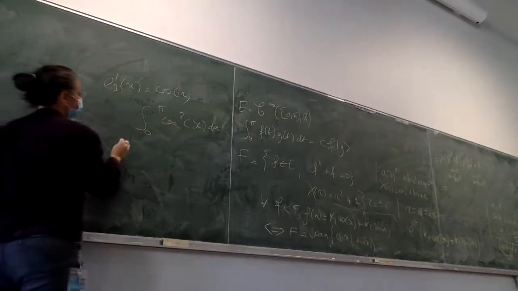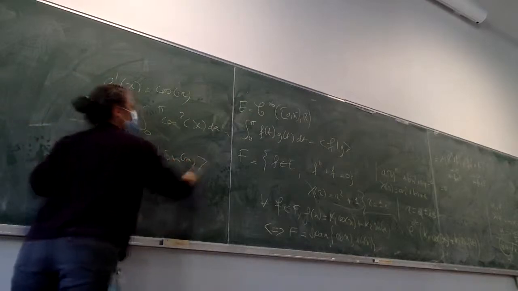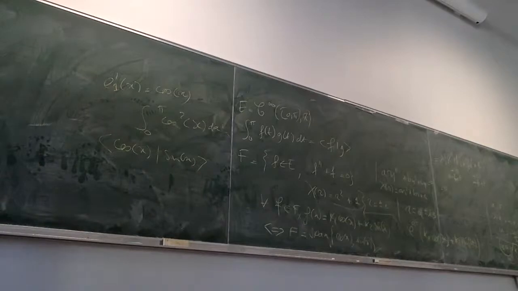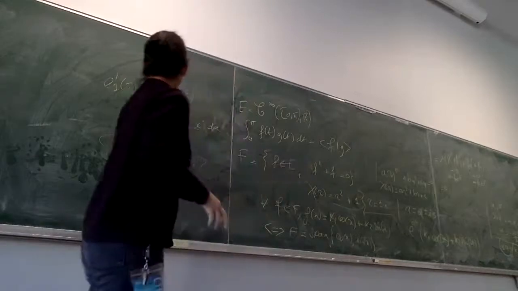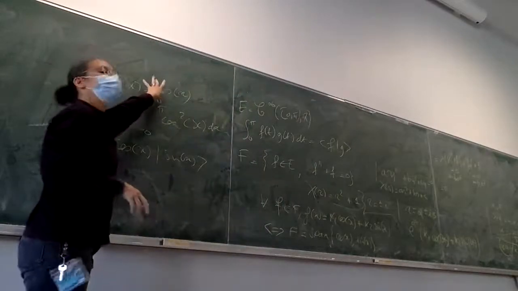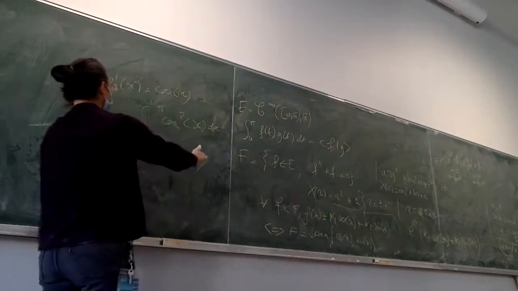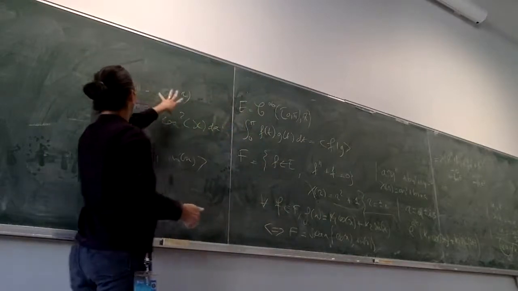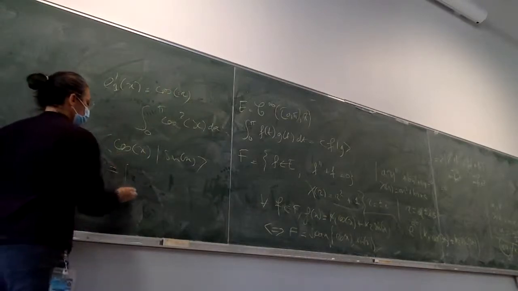Let's compute this one. Why do I do that? Because I know that in the Gram-Schmidt process, if I take E1 by norming that, my E2 is going to be the sine of x minus this times the normed version of E1. Okay, so what is that?